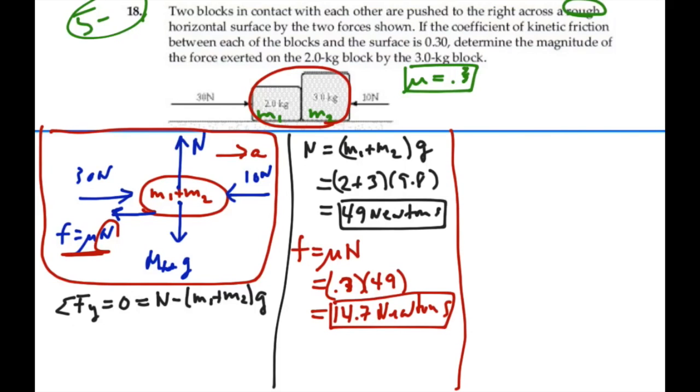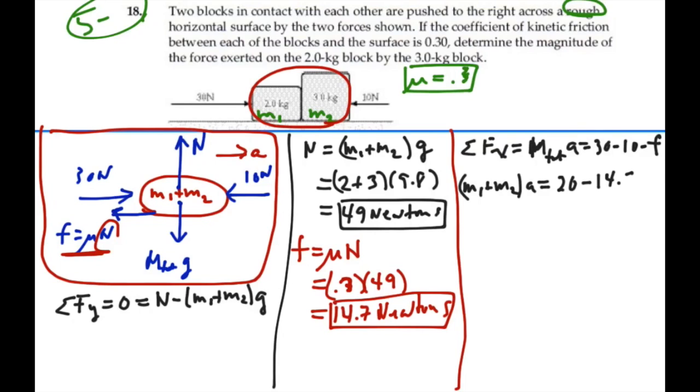Alright, so we know all the forces in the x direction. If we set up Newton's second law in that direction, the summation of all the forces in the x direction will be equal to the total mass times a, and that will be equal to 30 minus 10 minus the frictional force. So mass 1 plus mass 2 times the acceleration will be equal to 30 minus 10, which would be 20, minus the frictional force, which we just determined to be 14.7.